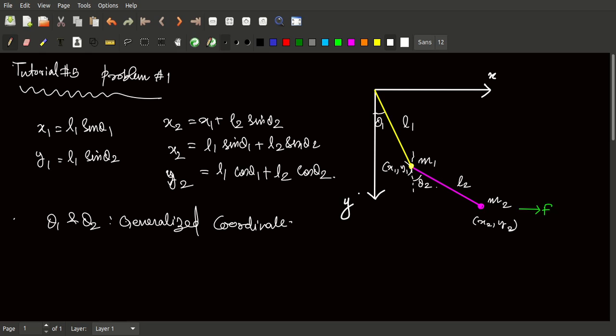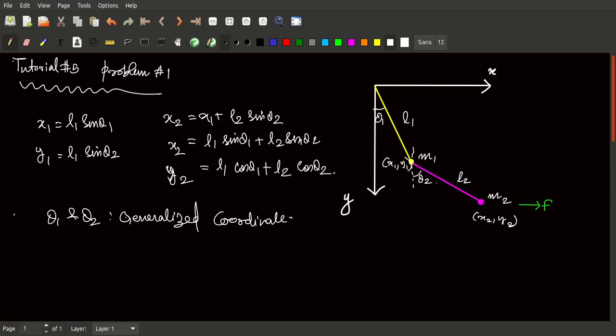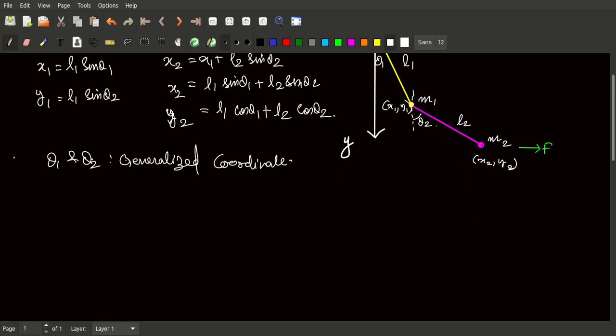So if we make a virtual displacement by changing theta 1 by delta theta 1, what will happen? We have delta x1, which is equal to L1 cos theta 1 del theta 1. Similarly, del y1 will be equal to minus L1 sin theta 1 del theta 1.